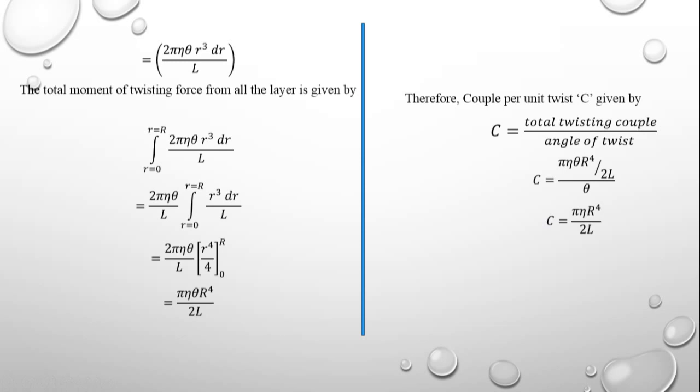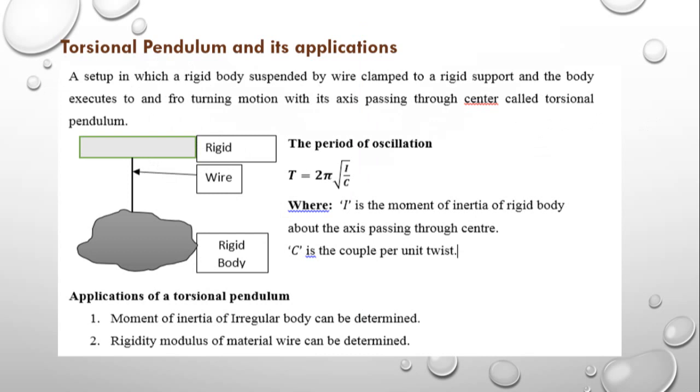Next, in the next slide we shall look at what a torsional pendulum is. A torsional pendulum is an arrangement of a rigid body wherein we suspend the rigid body by a wire with a rigid support. See, this is the rigid body which is suspended by a wire and has the rigid support.